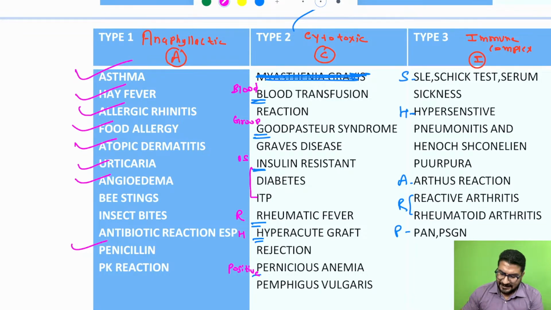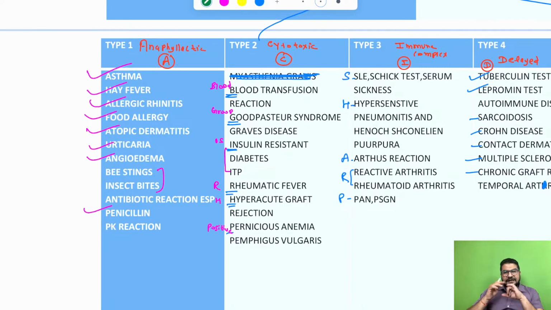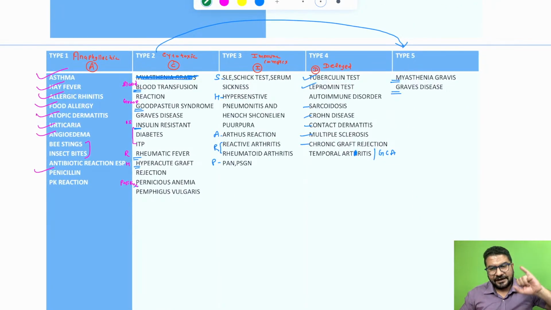Then remember, any type of sting or bite, like scorpion sting, bee sting, snake bite, mosquito bite, fly bite, dog bite, cat bite, love bite, ये सारे bite किस में आएंगे? All will be type 1. So bite allergy, these are type 1. All types of bite, all types of sting, all types of allergies are type 1.